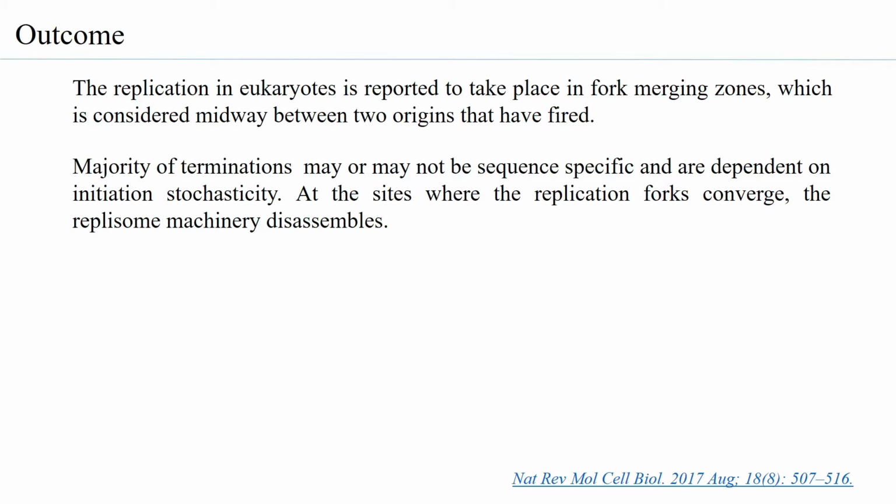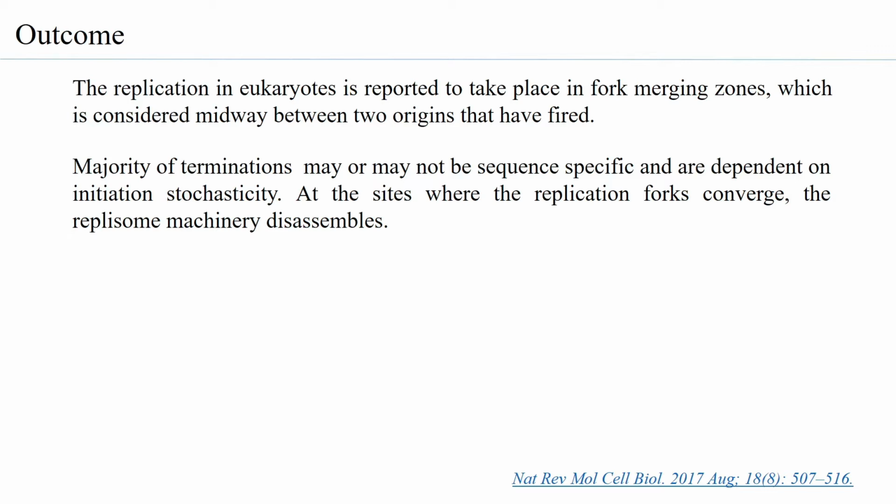The tilt is more towards being not sequence specific and dependent on initiation stochasticity. What does that mean? The random probability of the origins firing in a DNA is what is understood by stochasticity, and depending on the firing of the origins, you would have termination accordingly.